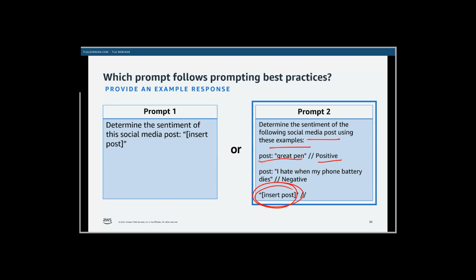We give it the same sort of format. We've showed it a couple of examples. Here's the post for you to examine. And then there's 2 slashes, and then I want you to provide the sentiment after that. So it knows the type of response or the format of the response it should provide.